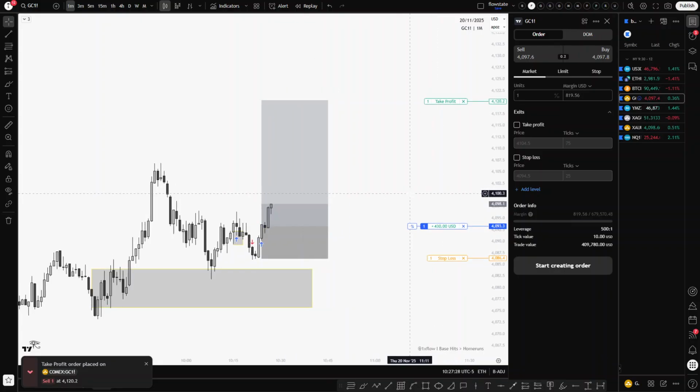Nice little 3-1. That would put us at 2.87R on the day if it does hit. Already looks beautiful, man. TP and stop loss set now.